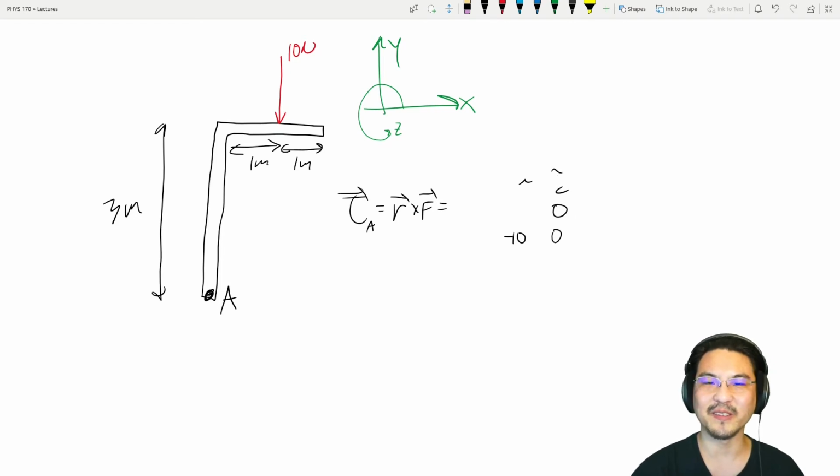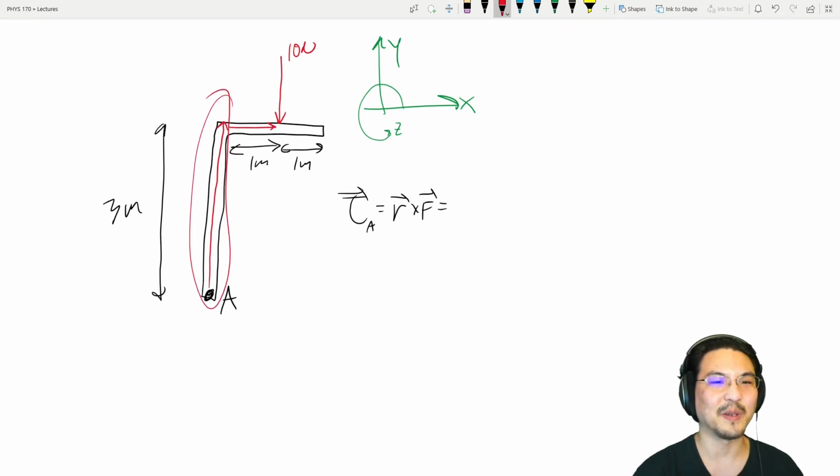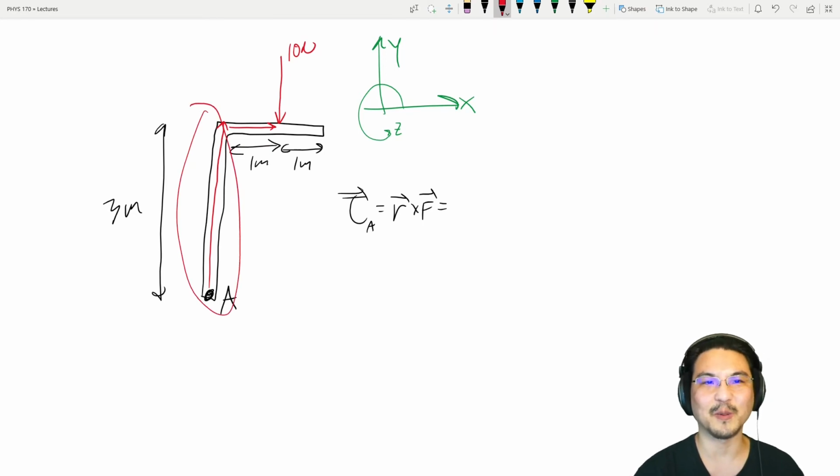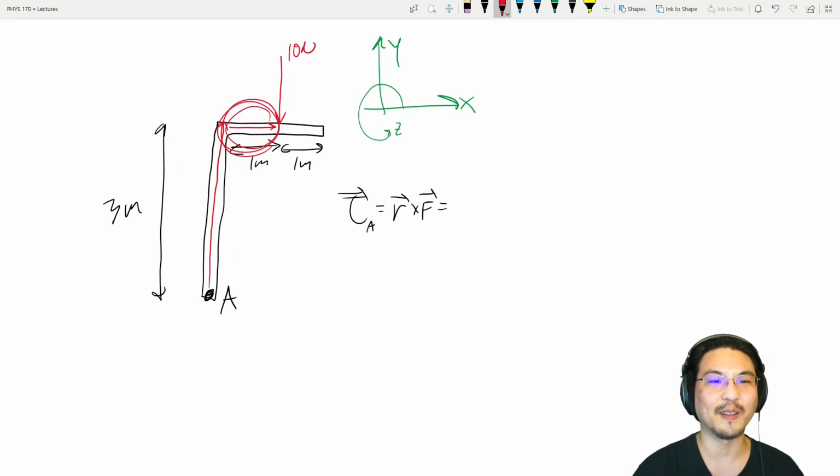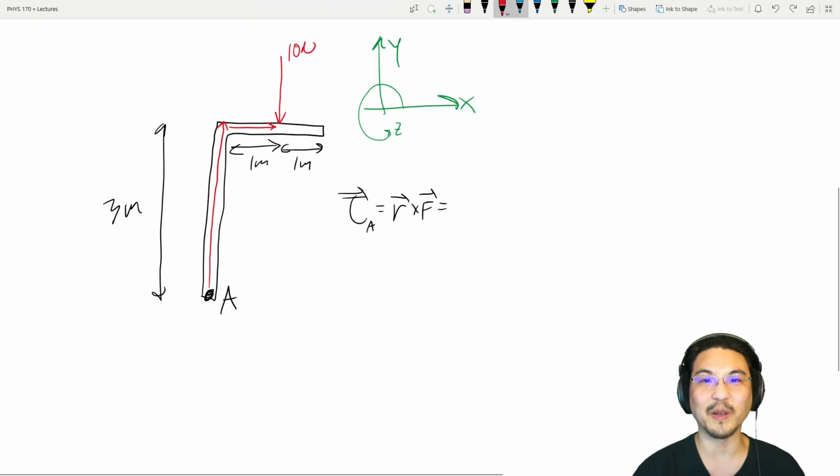But in 2 dimensions, we can get away with, if you take a look at it, from point A, I can decompose vector R into 2 components. This one parallel to the force, this one perpendicular to the force. And we just established this parallel component doesn't contribute any torque, only this lever arm, which is 1 meter.